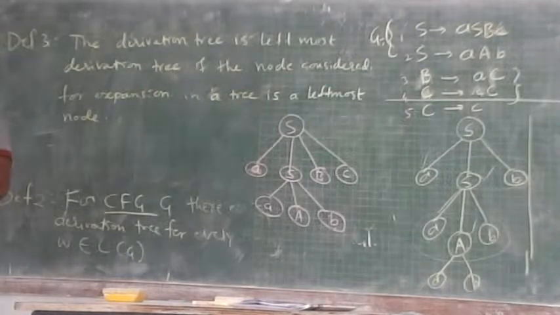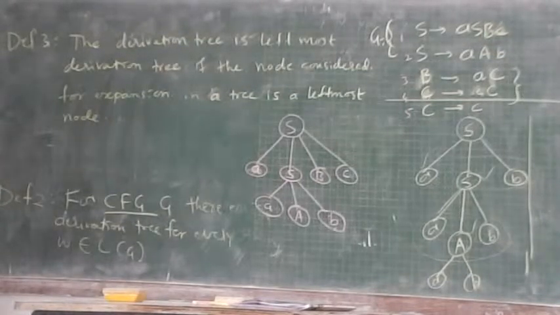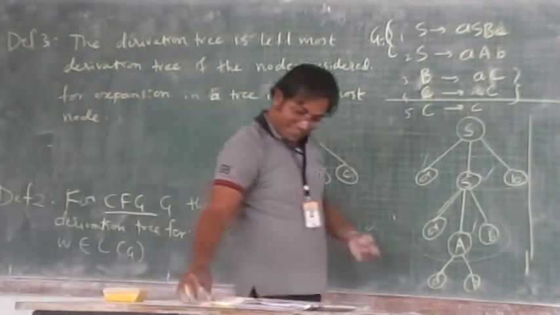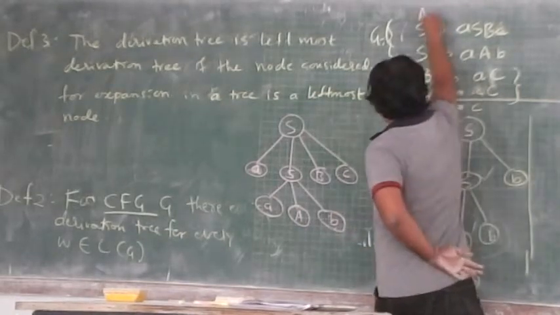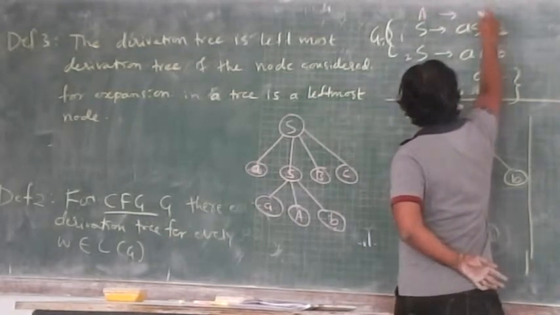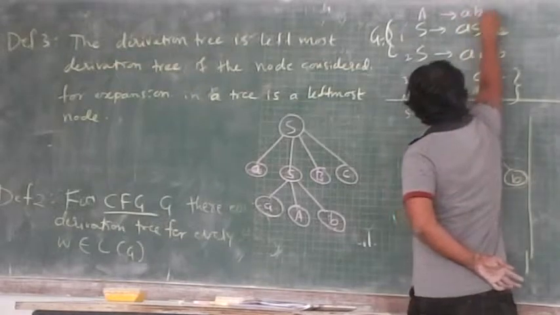A or B? That production we should give. Take A. I am considering one more production: A implies AB.